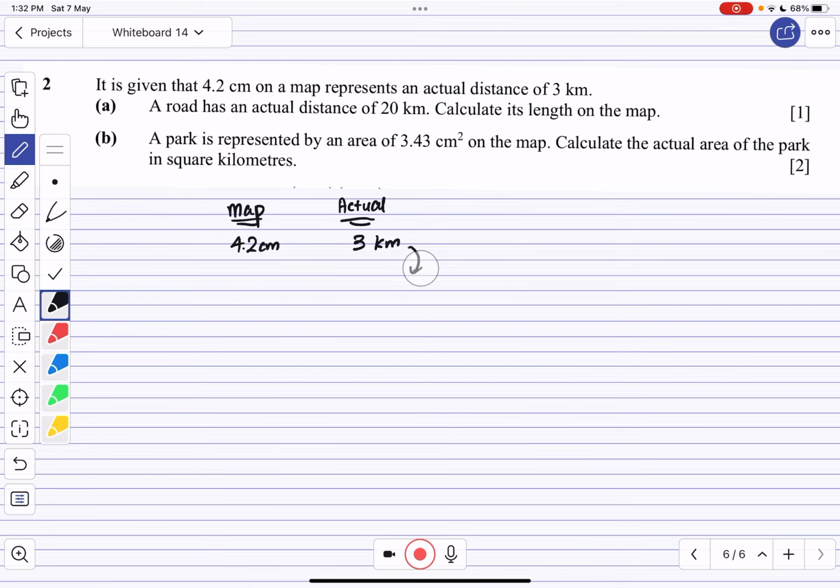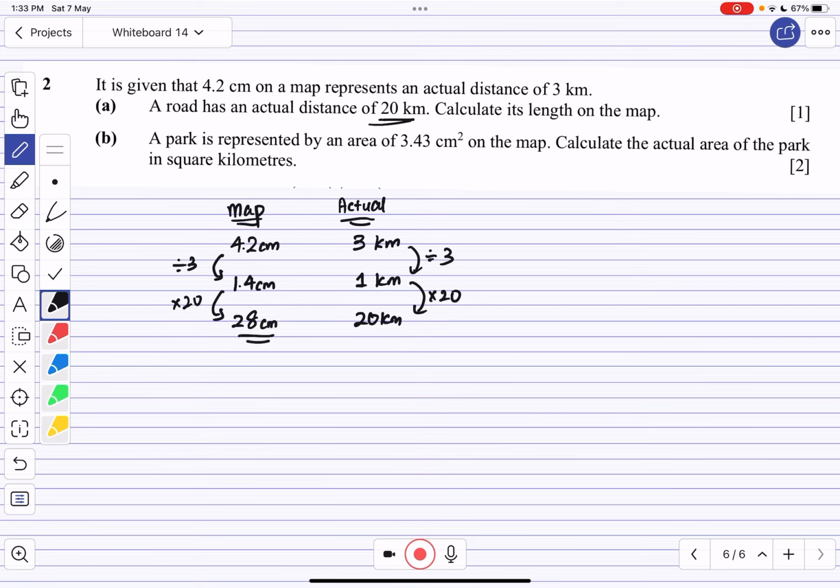So if we do the unitary method, we have to divide by 3 on both sides. 1.4 cm on the map represents 1 kilometer on the actual road. Now, if I want to find out how much 20 kilometers represent, I simply multiply by 20. Then I'll know that if I multiply by 20 on both sides, this will give me 28 cm.